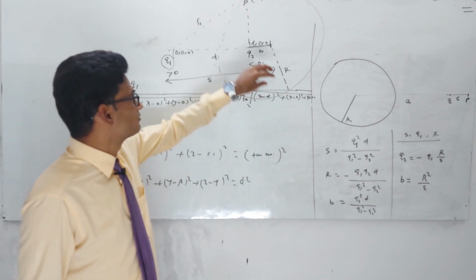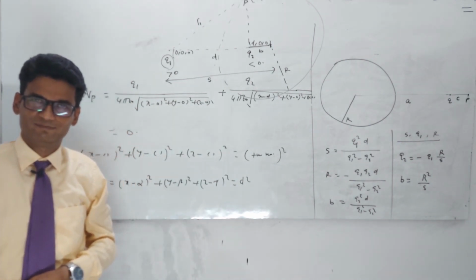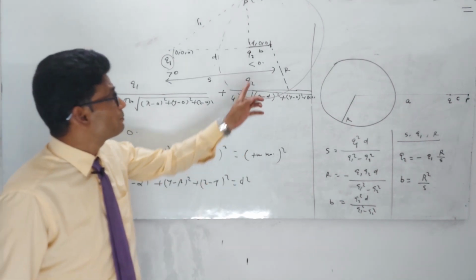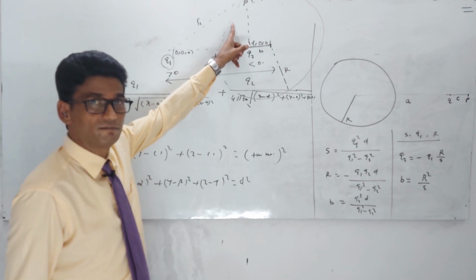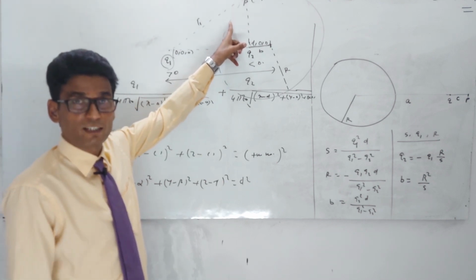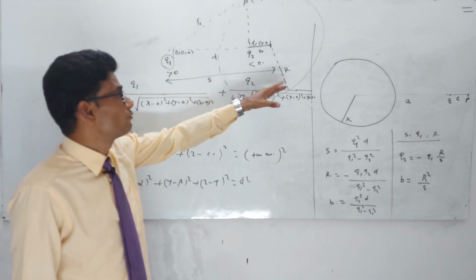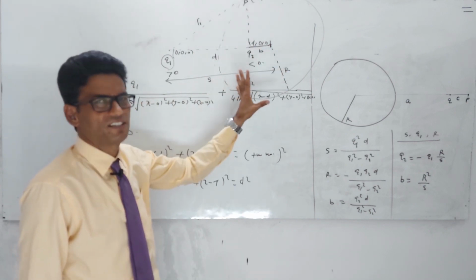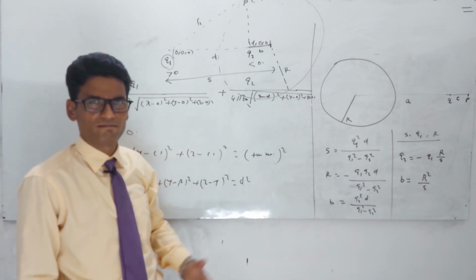For a while we remove this q2, and we have to find the potential at the center, or in fact at any point of the surface of the sphere. Very clumsy, very cumbersome. So alternatively we find the potential at the center, because it is a conducting shell, so at every point the potential is the same.